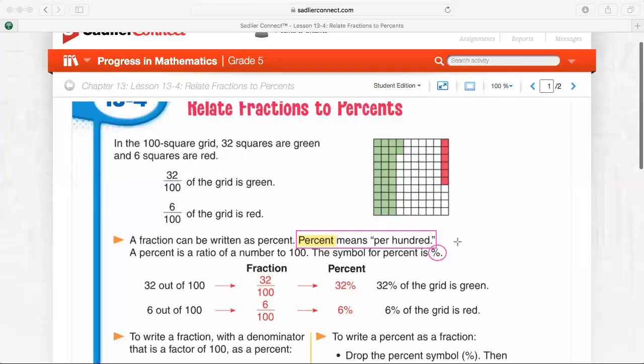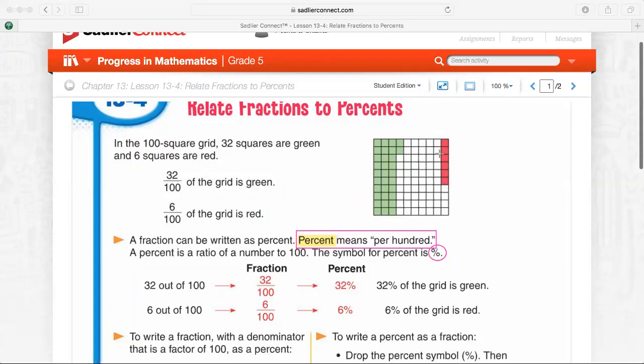You see it, girls? The symbol that is inside the circle is the symbol for percent. Like, I have 32 green squares here from the 100 squares in the grid.